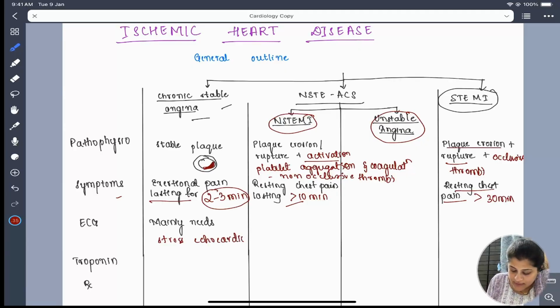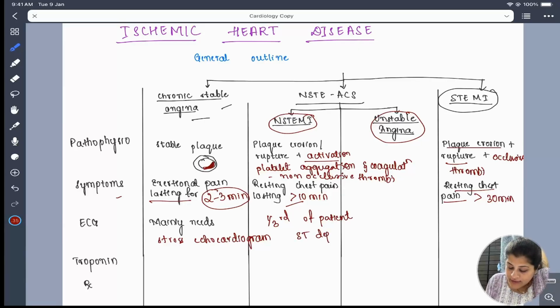Here in NSTEMI, what will you see? In one third of the patients, you will see ST segment depression. It might be normal or there might be ST segment depression. In STEMI, what will you see? ST segment elevation.